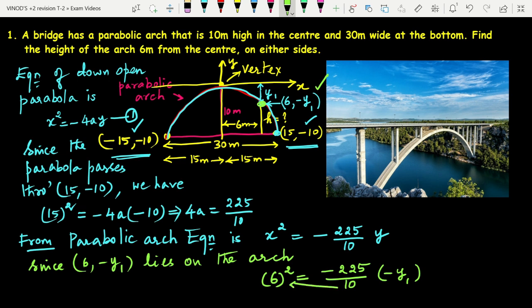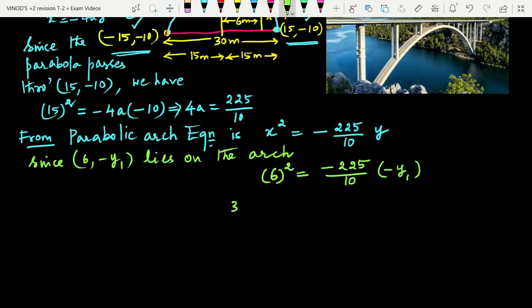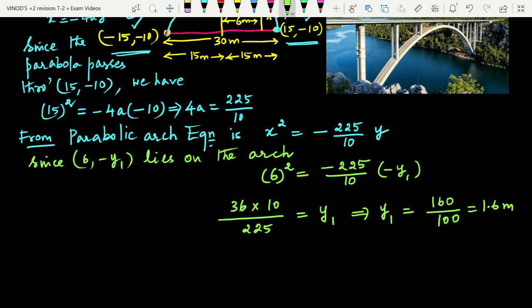Now cross multiply: the 10 goes to the left side and the 225 goes to the left hand side, and minus into minus becomes plus. So when you cross multiply, you get 36 into 10 divided by 225. On the right hand side, minus into minus y1 is plus y1. From this, y1 is equal to 160 divided by 100, so it is 1.6 meters.